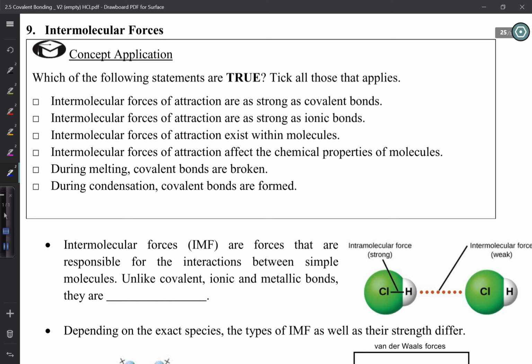Done? Done? If you take any of these, you're wrong. Right? None of it are true. I take the last one because I forgot if the melting point is counted as physical or chemical. No, it's physical. Melting point, boiling point are physical.